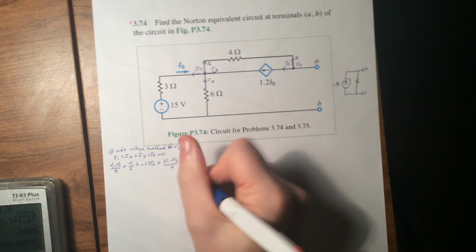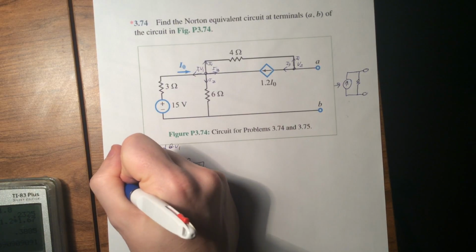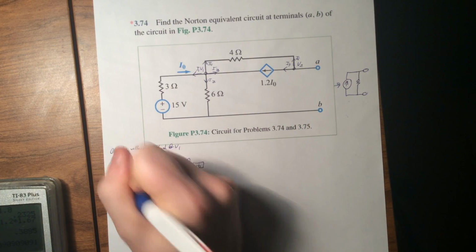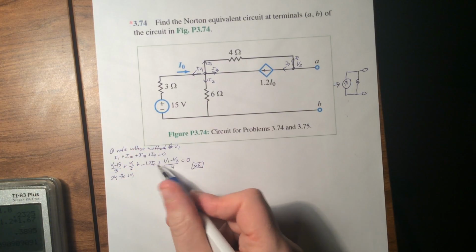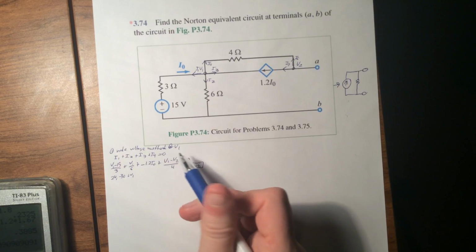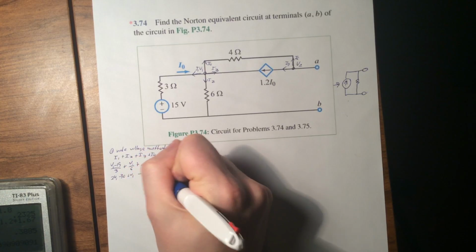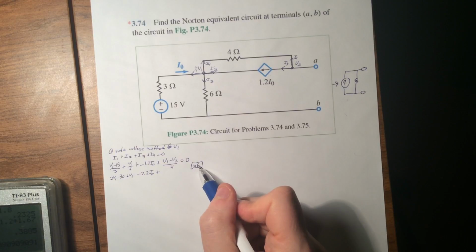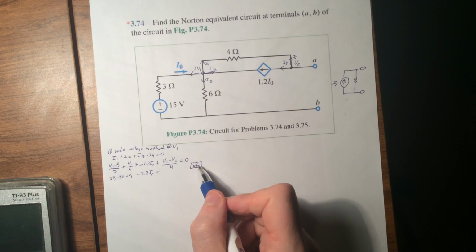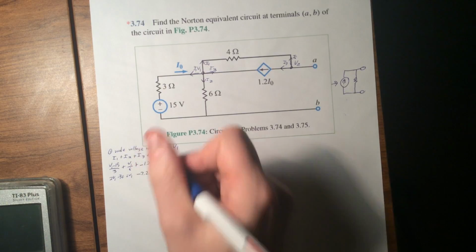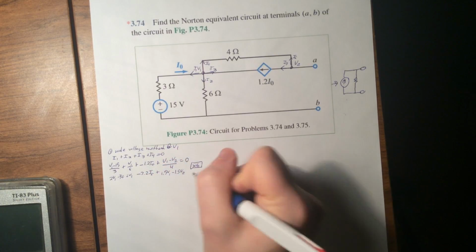So what's our least common denominator? We're going to multiply this by 6. That gives 2V1 minus 30, then plus V1, then 6 times 1.2 is 7.2, so minus 7.2 I0, plus 6 over 4, which is 1.5, so 1.5 V1 minus 1.5 V2 equals 0.